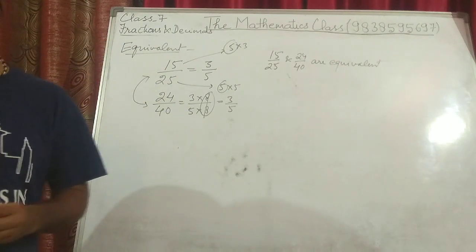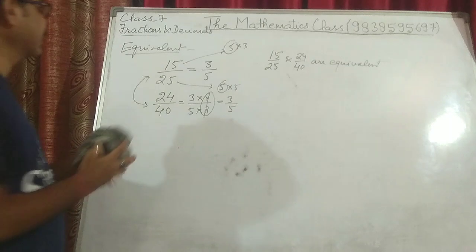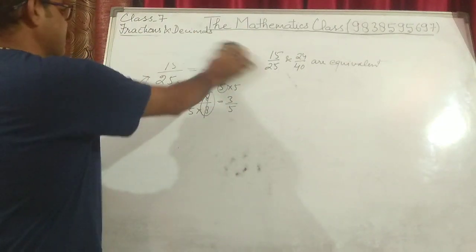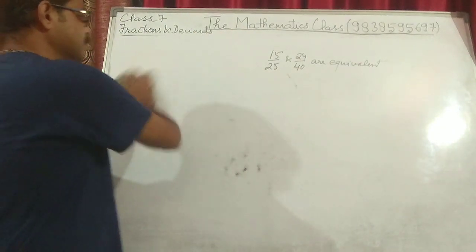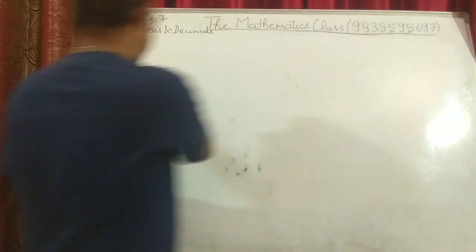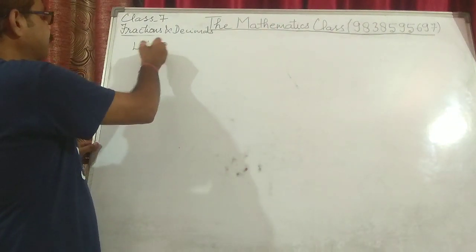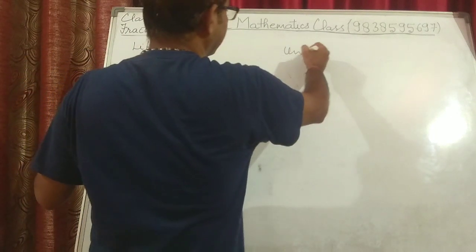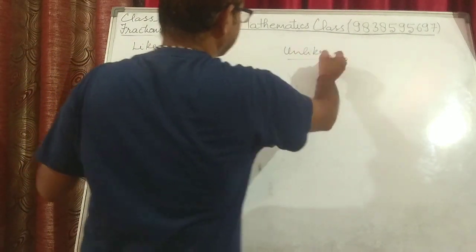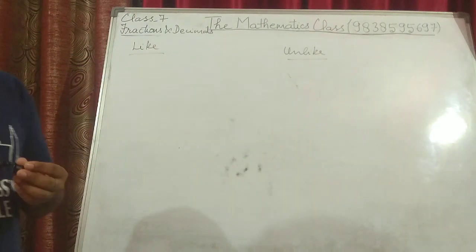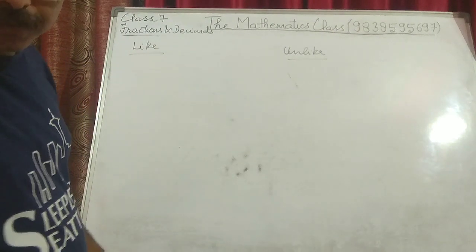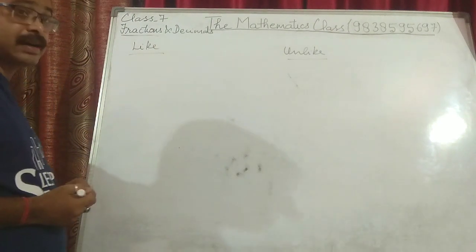Now the main thing is like and unlike fractions. This you need to remember. This is of very much importance. So what are like fractions? Fractions in which denominators are same.